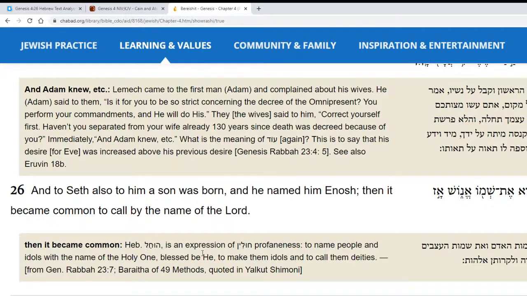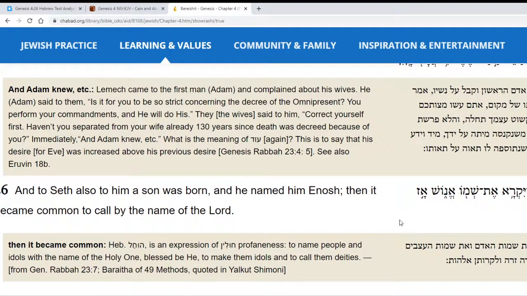Hebrew huchal is an expression of hulin, profaneness, to name people and idols with the name of the Holy One, blessed be He, to make them idols and call them deities. So that is a very different understanding. I see. So actually, I guess the concordance is going similarly to what Rashi says.